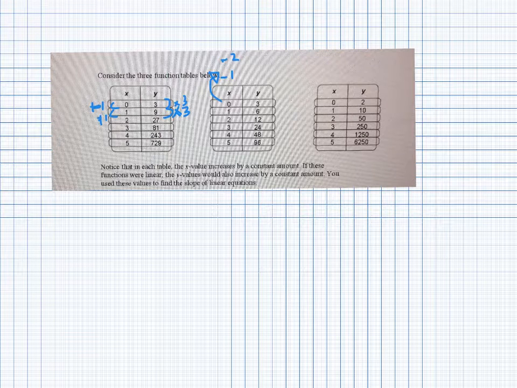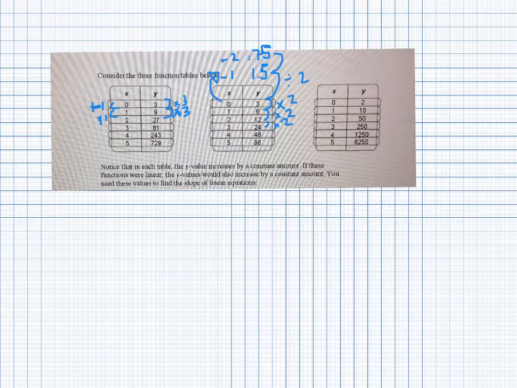So we want to think about, well, what's the pattern? To get from 3 to 6, I could either add 3 or I'd multiply by 2. To get from 6 to 12, I could add 6 or multiply by 2. So the multiplying by 2 is the pattern that holds. So to go backwards, I would divide by 2. So 3 divided by 2 is 1.5. And 1.5 divided by 2 is 0.75.